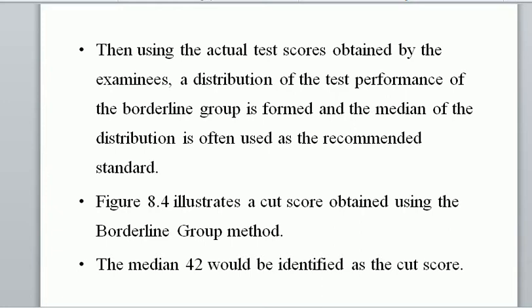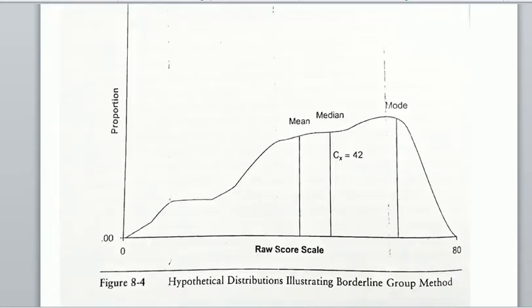The figure on the next slide, 8.4, illustrates the cut score obtained by using the borderline group method. The median 42 would be identified as the cut score. Please see this figure.